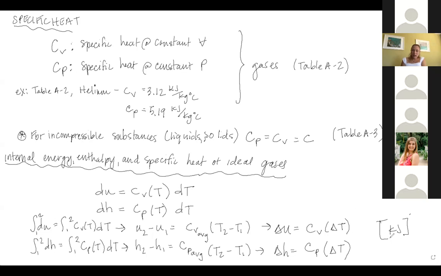I'm trying to figure out the best way to correct this. Let's just add per kilogram here. And if these are specific, then that means we have to have a mass term. But you could also do this as total the same way, and then just add your mass term later. I kind of combined both of them.